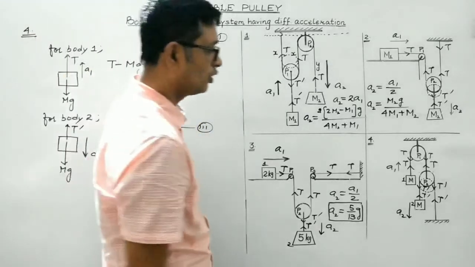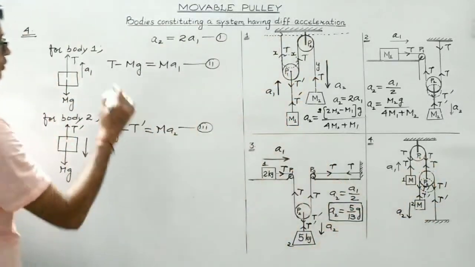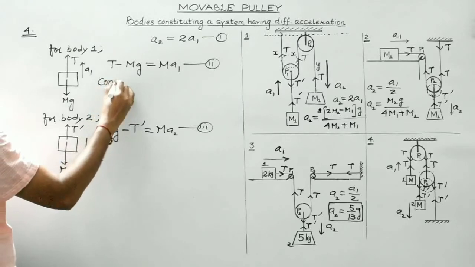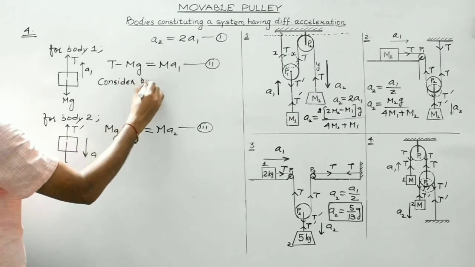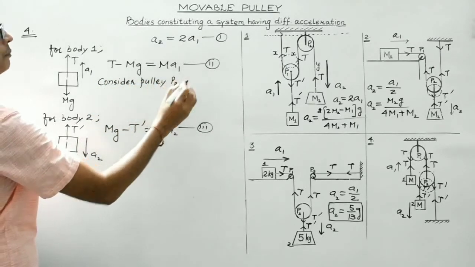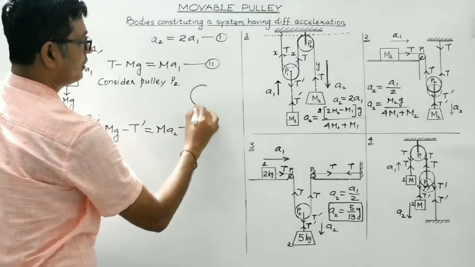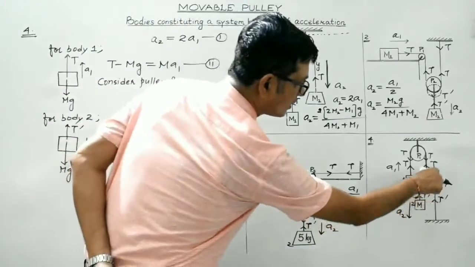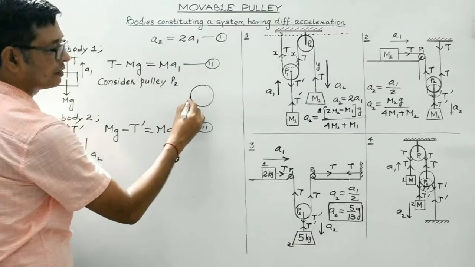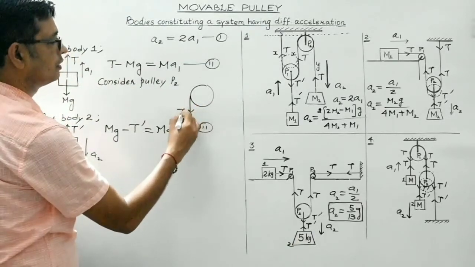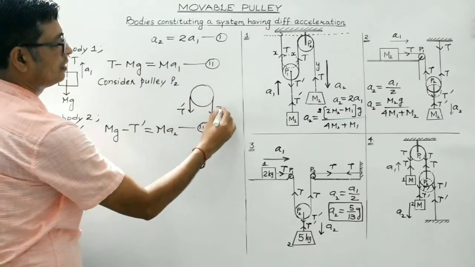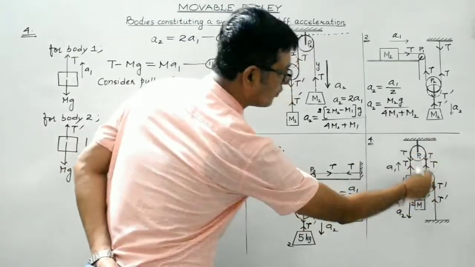Right, students? Also, consider pulley P2. This is the pulley. What is the net downward force acting? This is T dash, this is T dash. What is the net upward force acting?